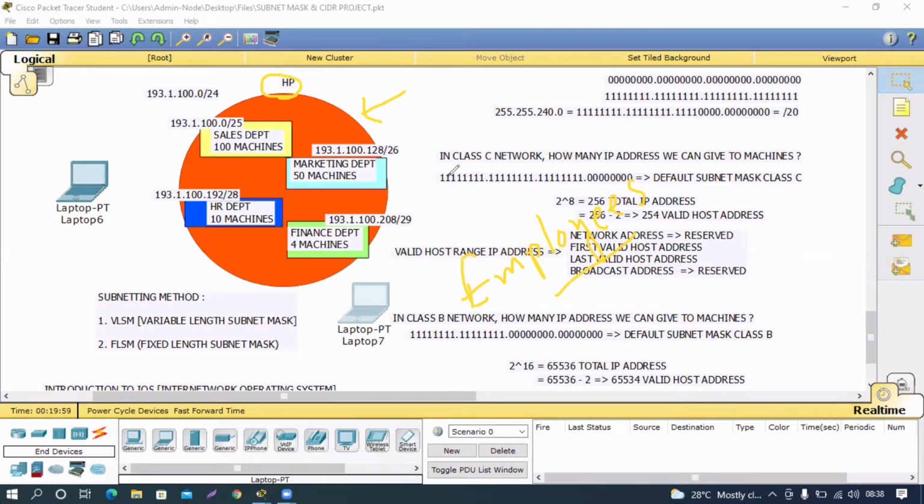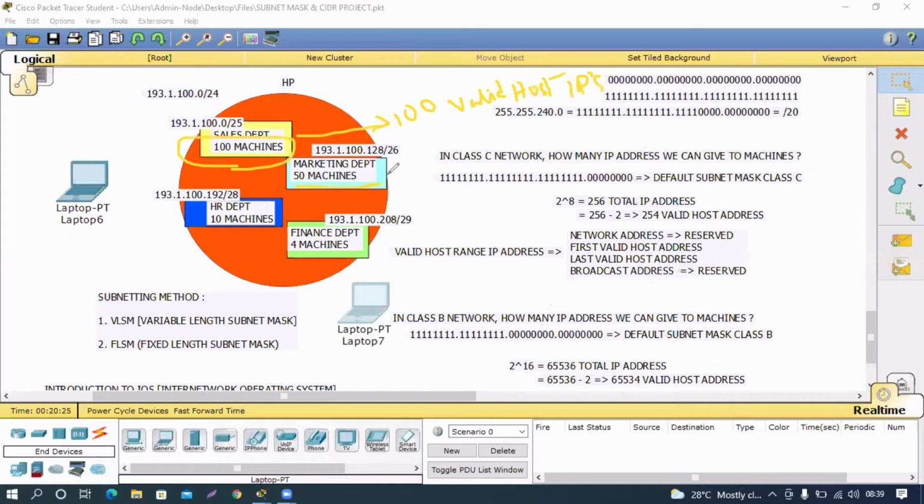So for all these machines, what we're seeing over here is: for 100 machines, how many IPs do we need? Actually, 100 valid host IPs, correct? Yes.